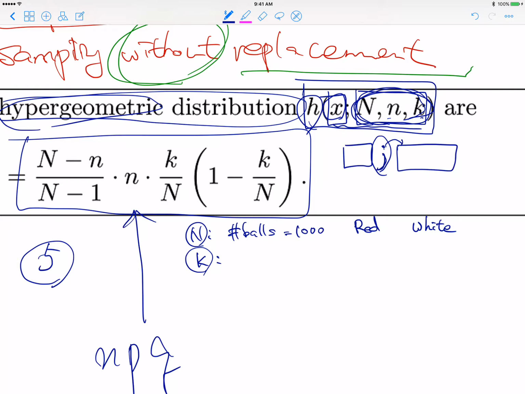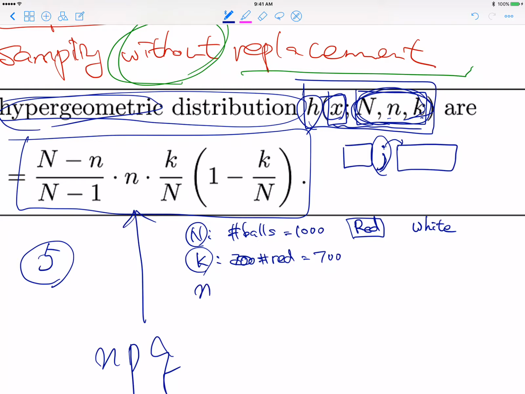Then k is the total number of red balls. Suppose that was 700. So this is red, and this is 700.